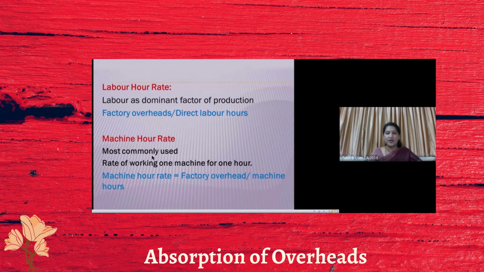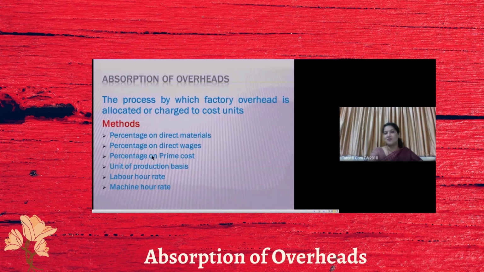So in today's class we were looking at the last two stages of overhead accounting, that was calculation of overhead rates, and how we go with the absorption. Absorption involves 6 methods which we have learned. The first method is the absorption of overhead based on percentage of direct materials. Second one is absorption of overhead based on percentage of direct wages.